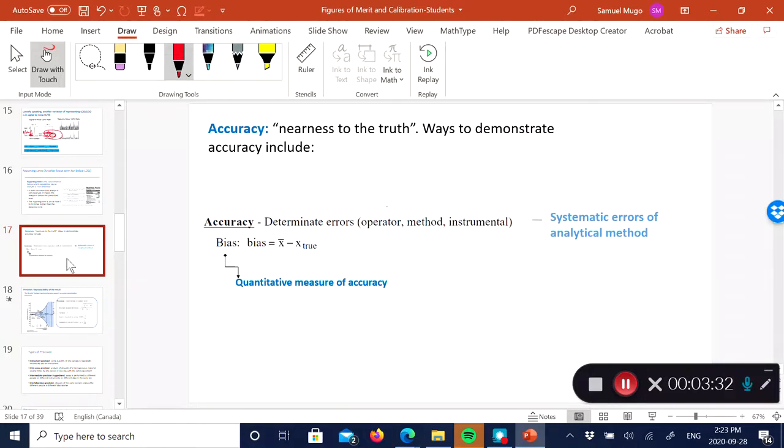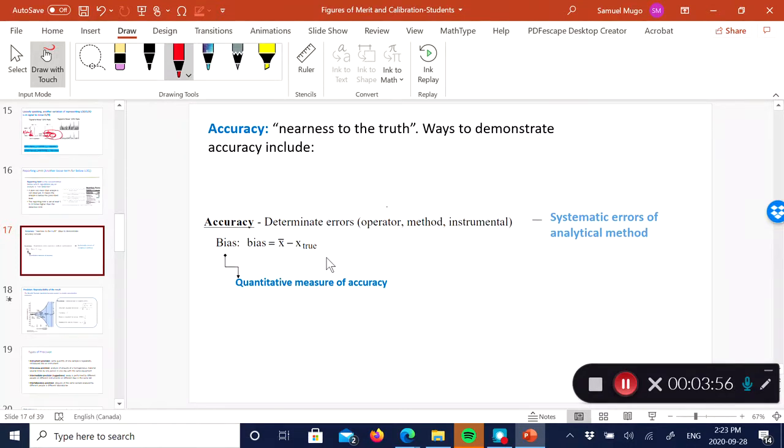So accuracy, again, we've talked about this as nearness to the truth, and you easily calculate it using this simple relationship. You've determined using the analytical method what the concentration is, minus what the true value is. And we already discussed how to determine the true value.